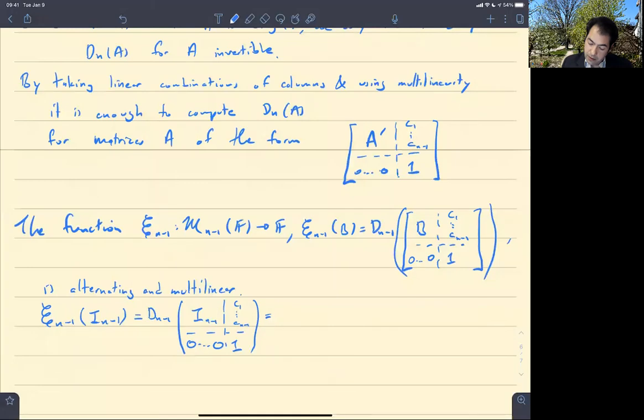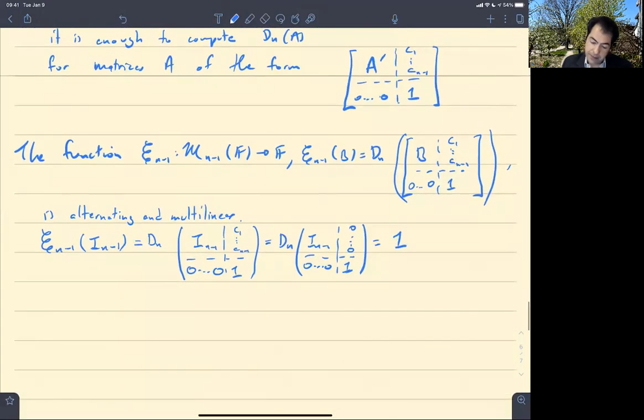But then using the first n minus 1 columns to take linear combinations, you can get rid of these constants. So you would end up with d_n of I_{n-1}, zeros, 1, zeros, zeros. And this is just the n by n identity matrix, and d_n is the determinant function, so that's equal to 1.